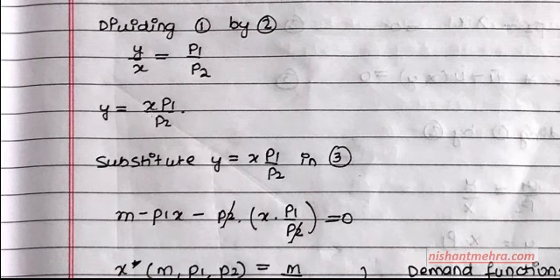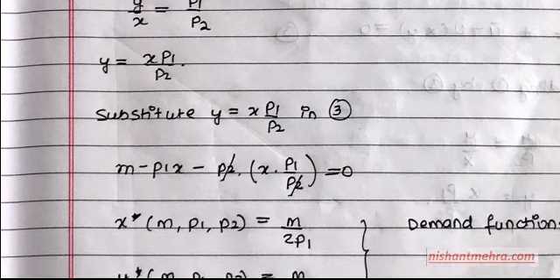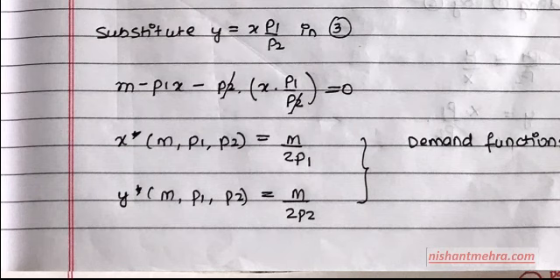So my y is equal to x p1 by p2, and I can substitute this back into the third equation to get m minus p1x minus p2 times, in place of y, x p1 by p2, equals 0. I'll get m minus 2p1x equals 0. So from here I'll get my optimal x star, which is m by 2p1.